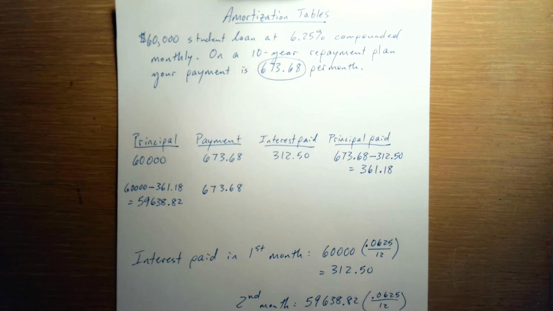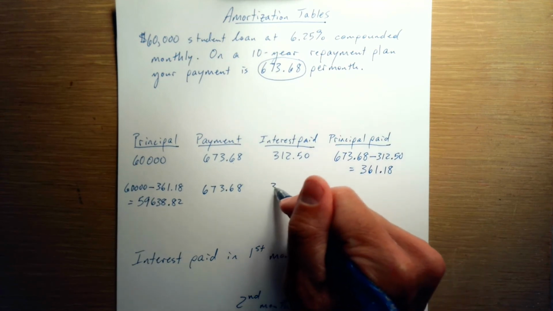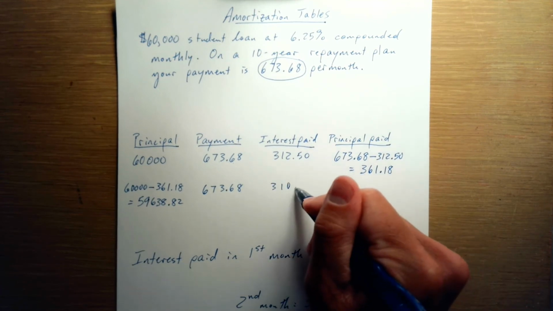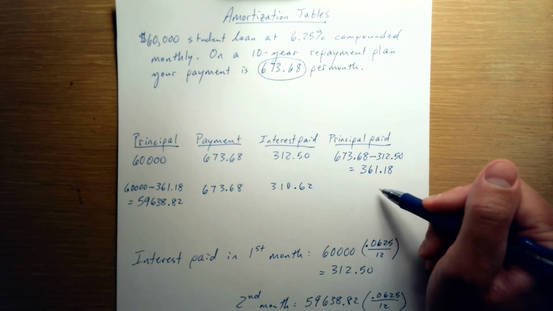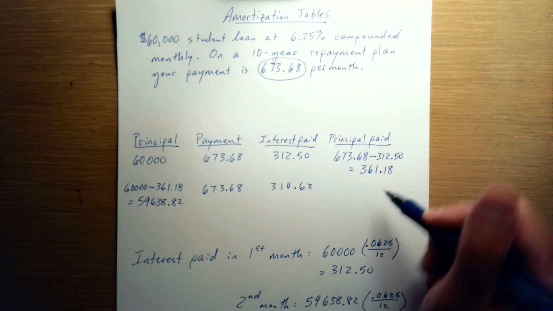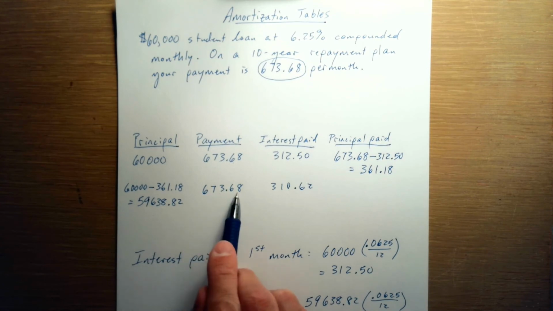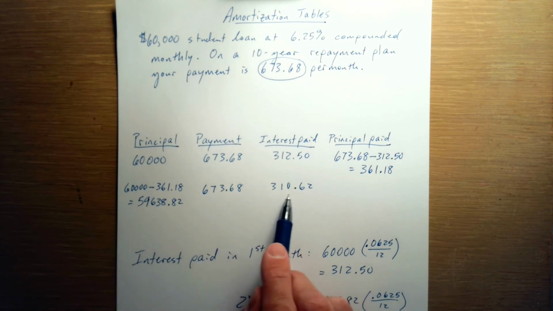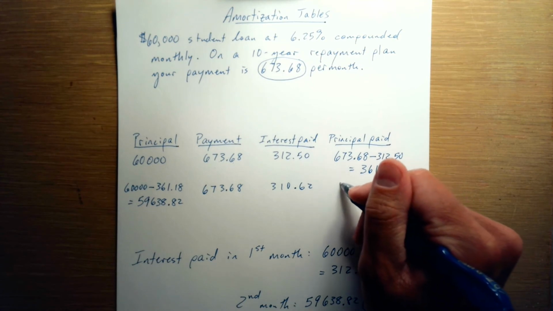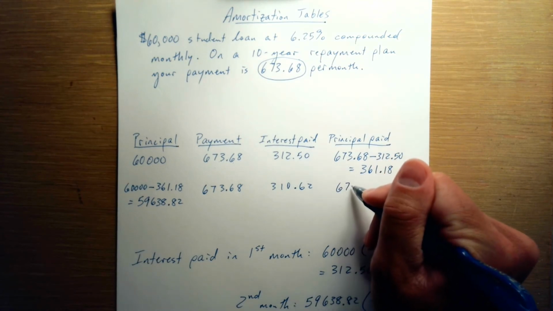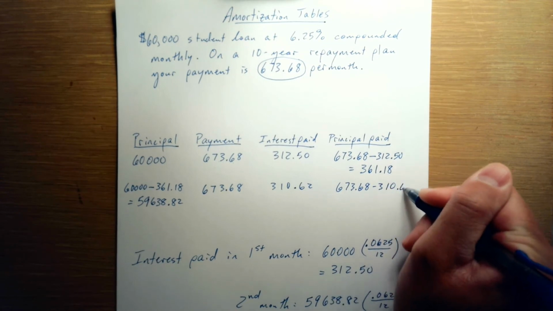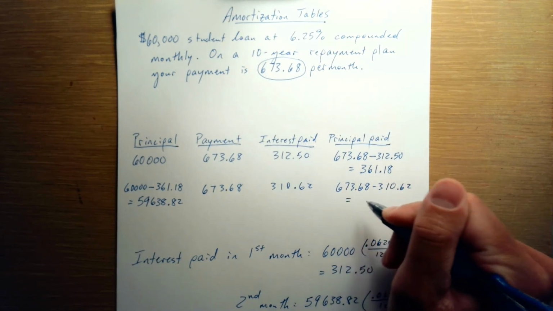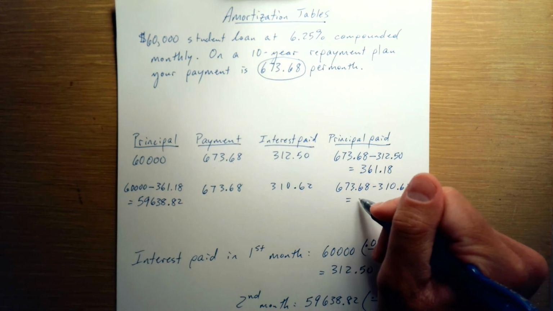And here I get $310.62. So that's how much interest I pay in the second month. And then to get the principal, I take my payment, $673.68, and subtract the interest, $310.62, and that comes out to be $363.06.